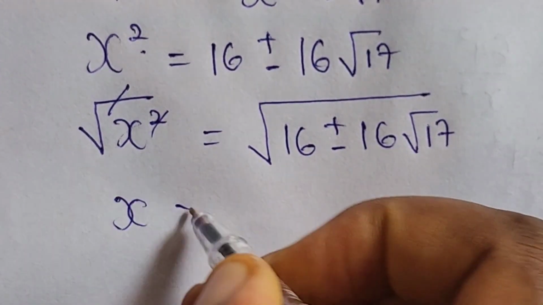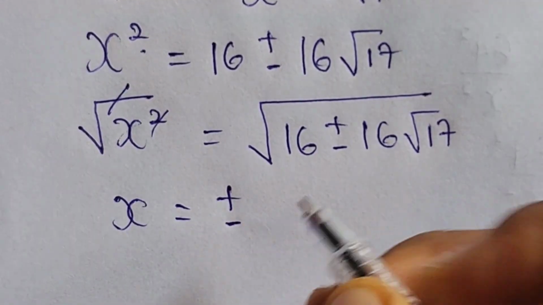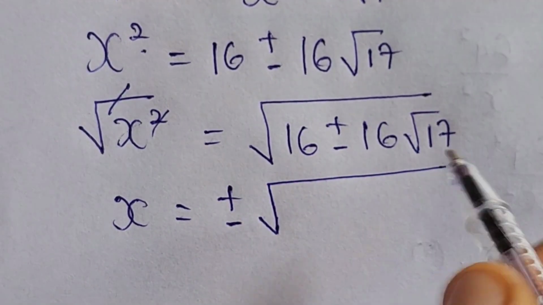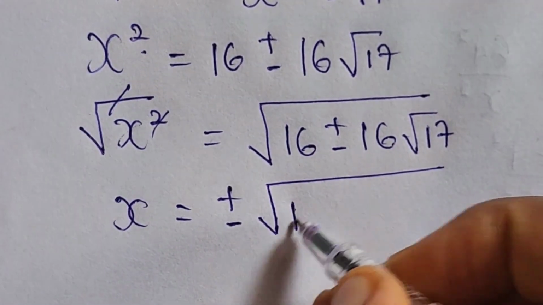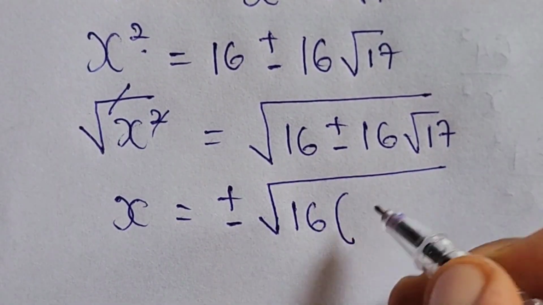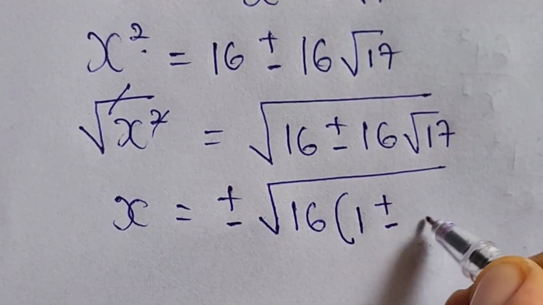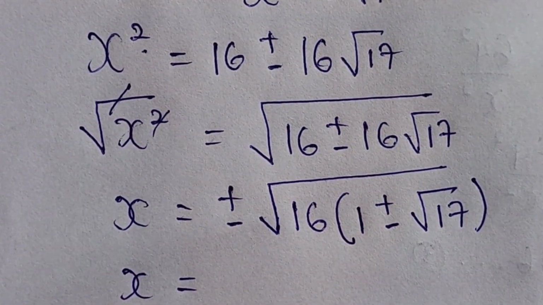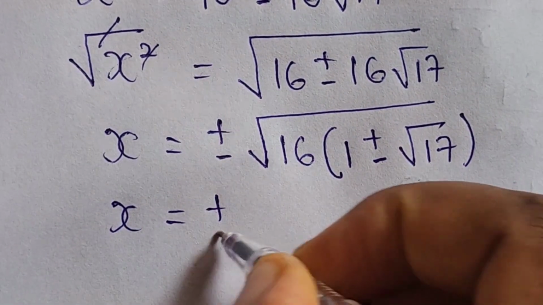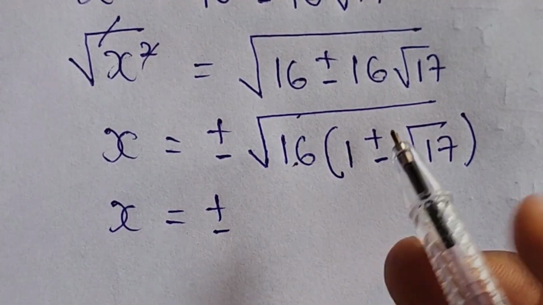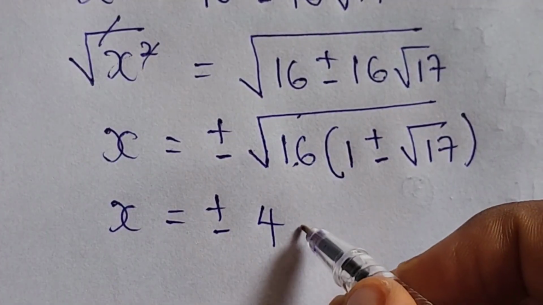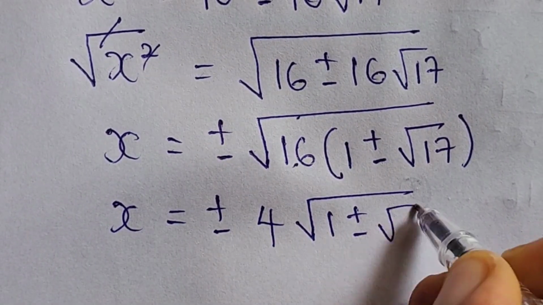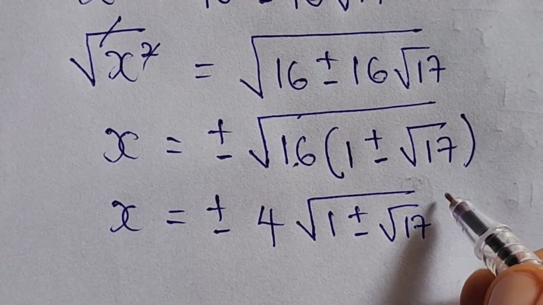We have x is equal to plus or minus the square root of, now 16 is common here, we can factor 16 out to have 1 plus or minus root 17. So x is equal to plus or minus the square root of 16 here is 4, and we have root 1 plus or minus root 17.